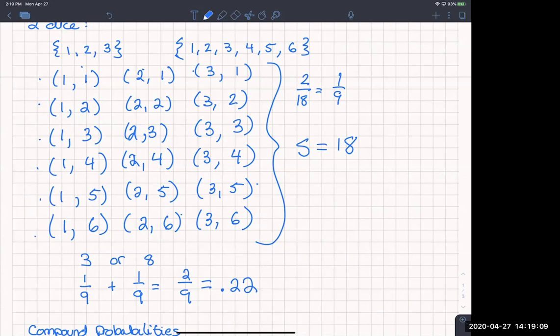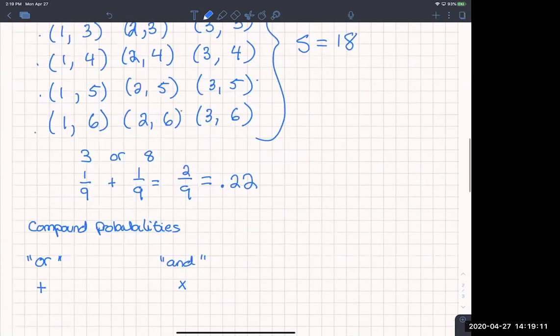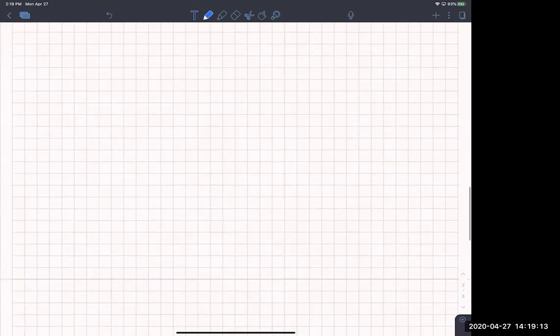All right. Now, let's talk about the fundamental counting principle. The fundamental counting principle says that if you have multiple events, and each event can be done a number of ways.